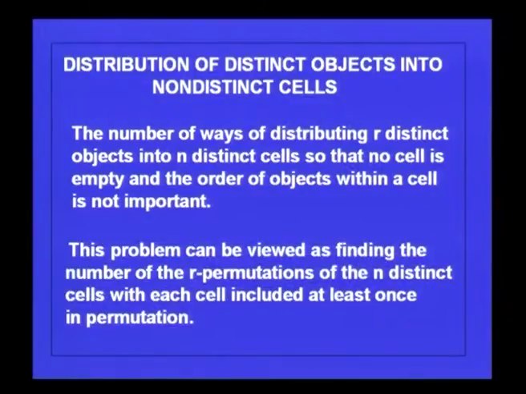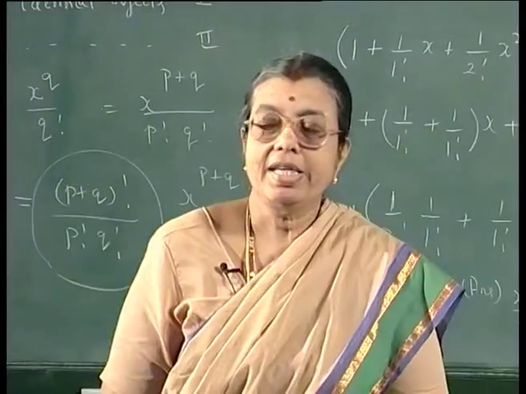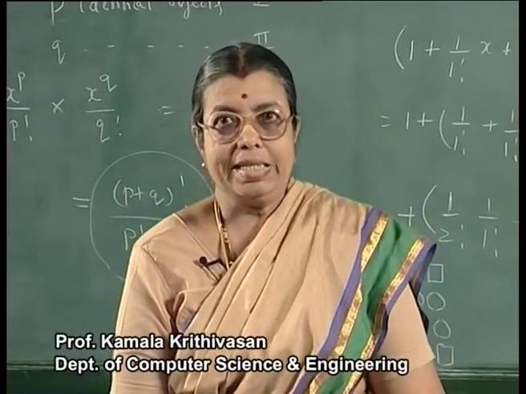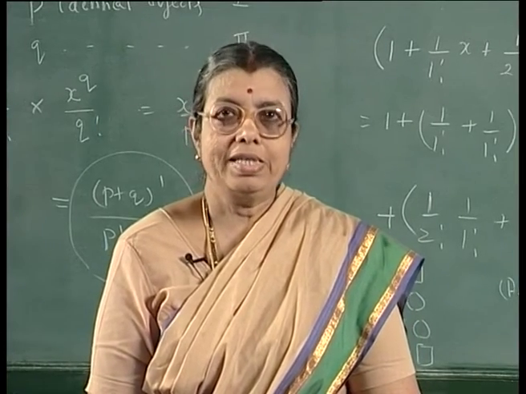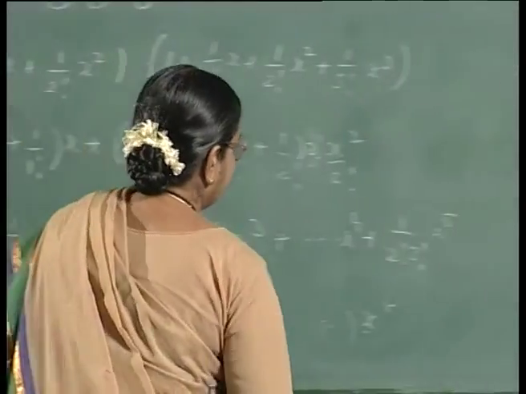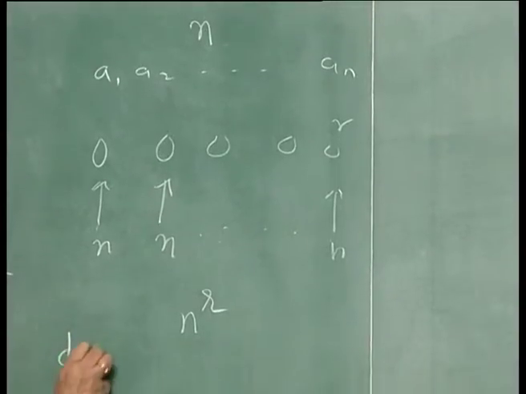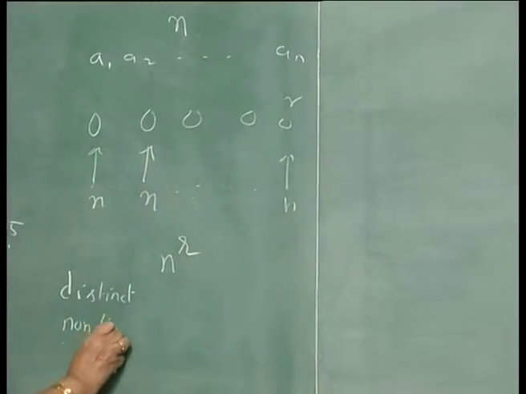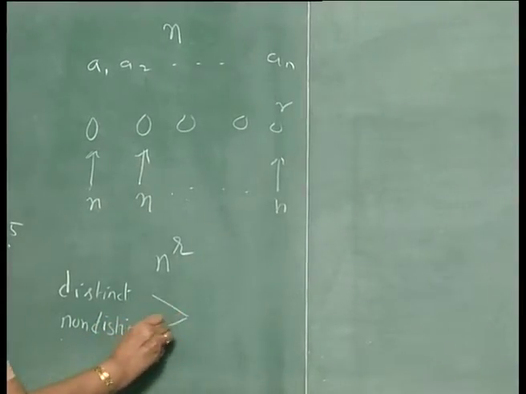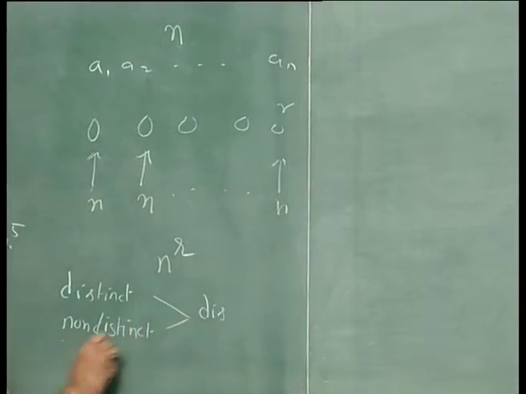Now, this idea of exponential enumerator we can use for finding the distribution of distinct objects into non-distinct cells. Earlier we considered distribution of distinct objects into distinct cells, and we also considered the distribution of non-distinct objects into distinct cells. So, distinct or non-distinct objects, both we have considered earlier, into distinct cells.